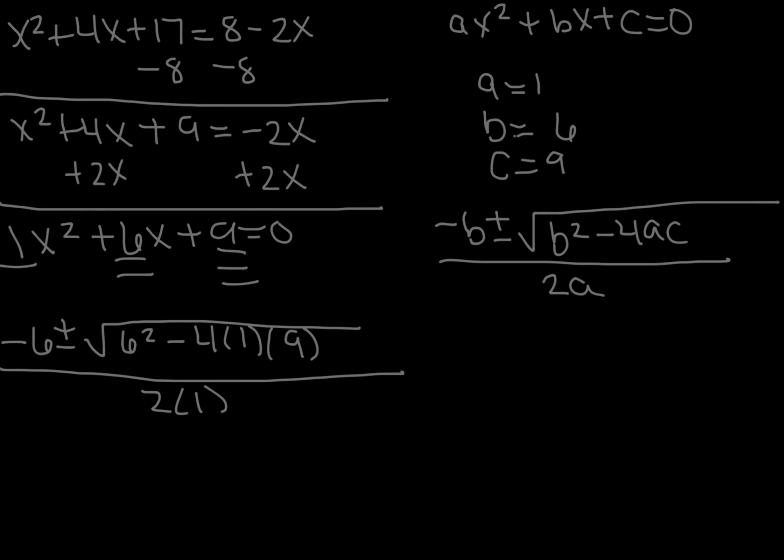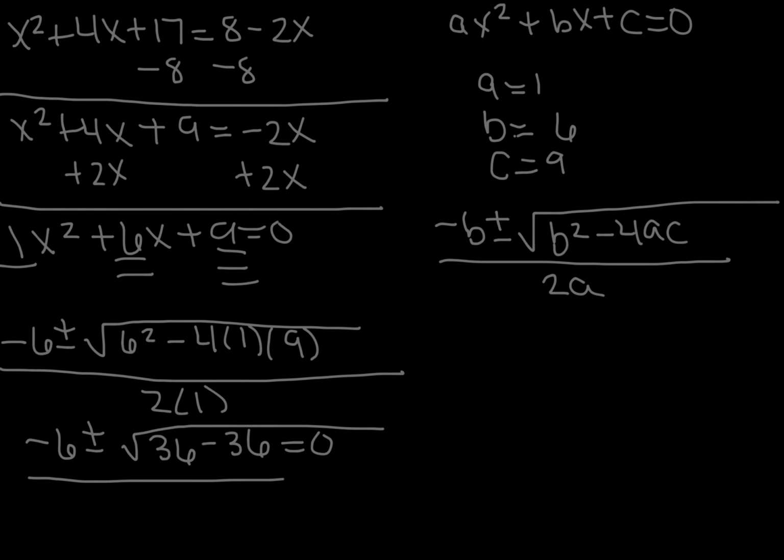Okay, great. Next, we're going to have negative 6 plus or minus the square root of 6 squared is 36. Negative 4 times 1 is negative 4 times 9 is negative 36. So we're going to have 36 minus 36, which equals 0.